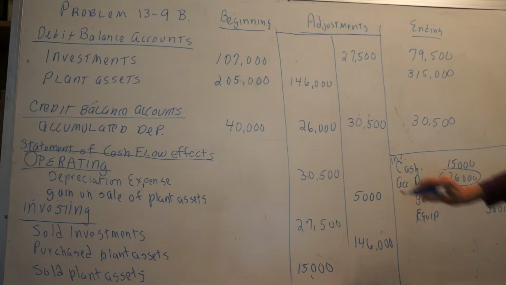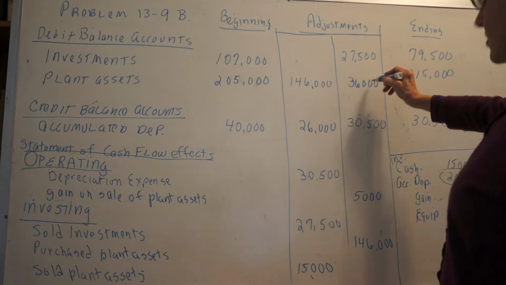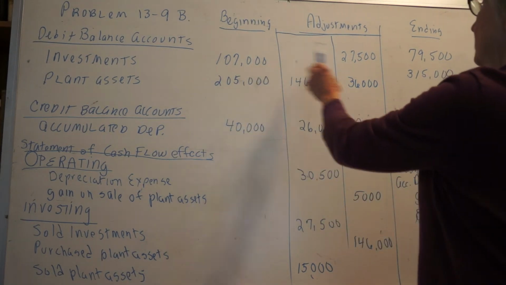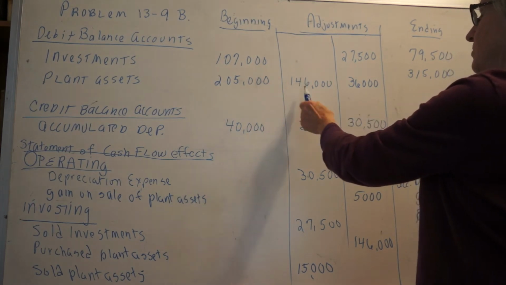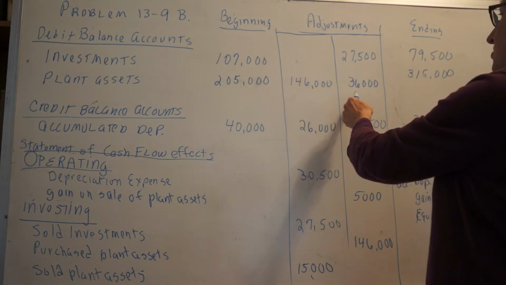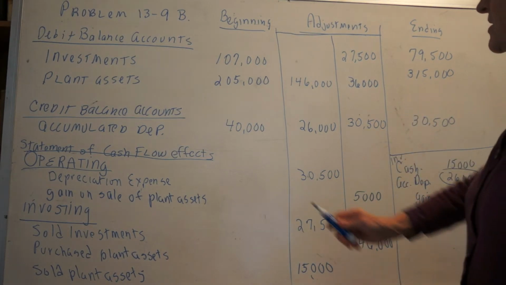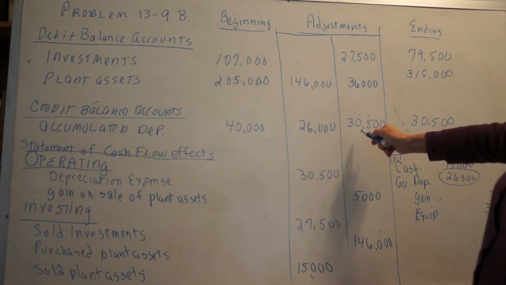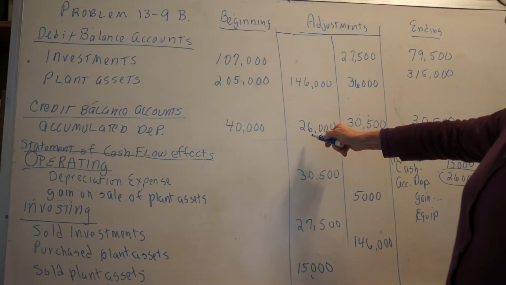And then the equipment comes off the books at $36,000. So now when we check ourselves, we make sure 107 minus this gives you the ending. The 205 we started with plus 146 minus the 36 should give you the ending balance of 315. We started with 40,000 accumulated depreciation plus 30,500 minus the 26.